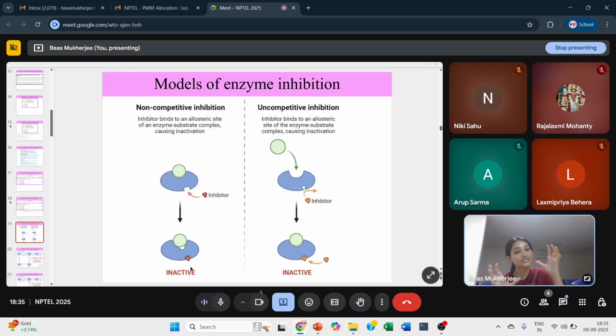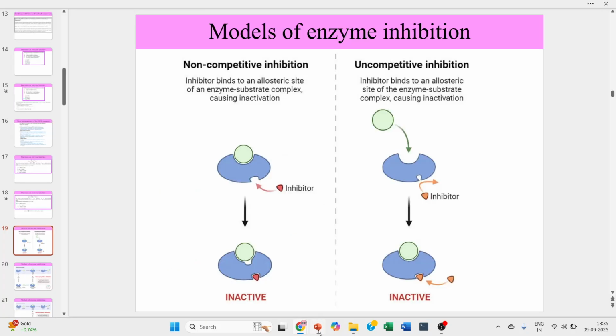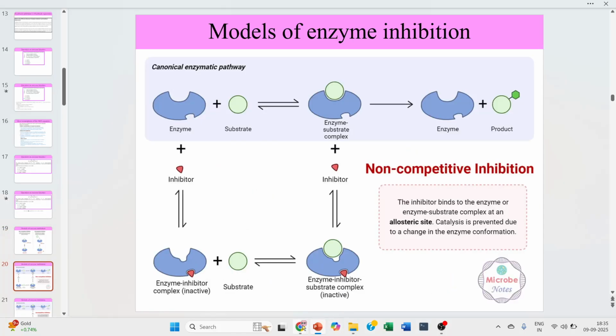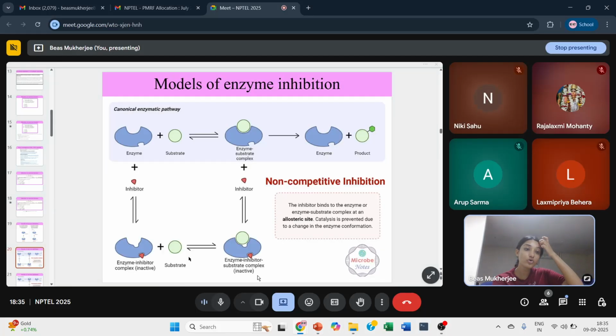It only binds to the enzyme-substrate complex, causing inactivation. So in uncompetitive inhibition, the allosteric molecule binds at a site other than the active site and renders the entire complex inactive.